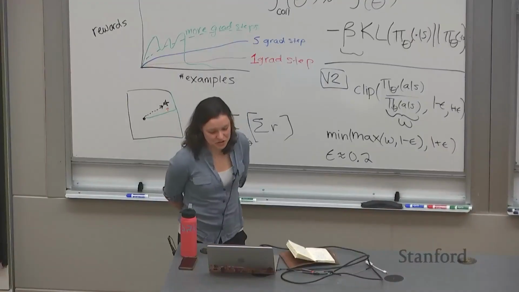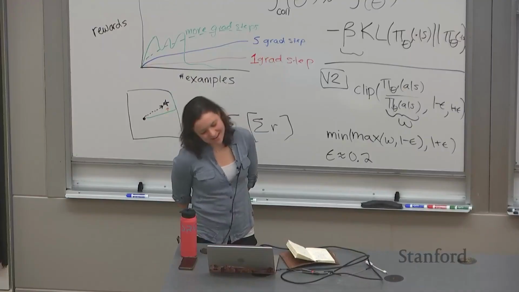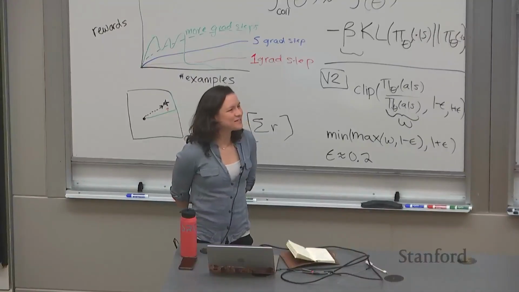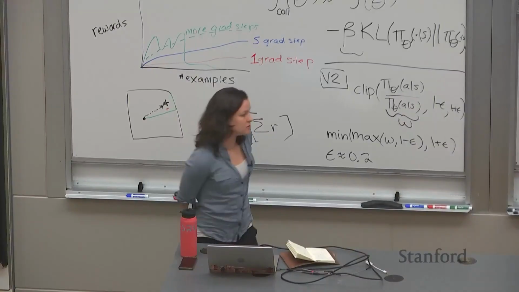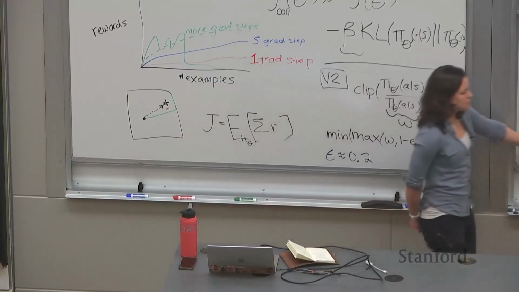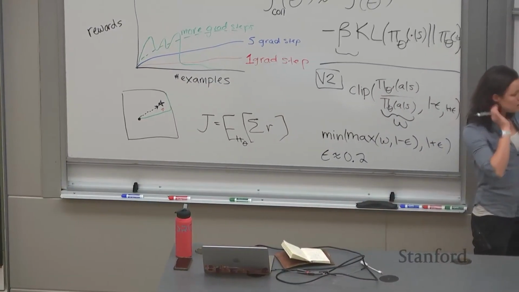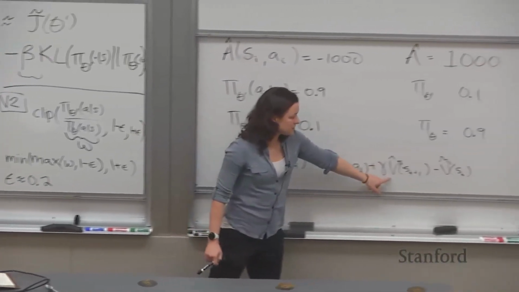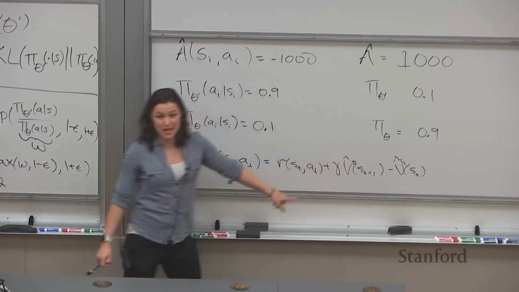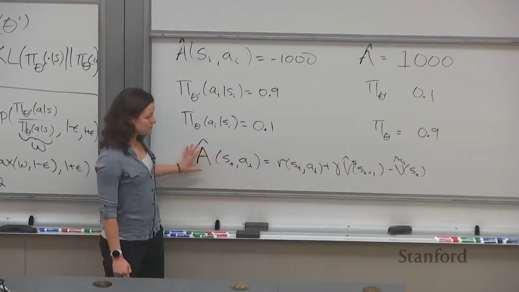What's the benefit of using GAE? I think it's a little bit hard to motivate. One way to view it is that if you just use this one-step return, especially if the time steps are very close together, and your V's are not completely accurate, then this estimate might be a bit off.